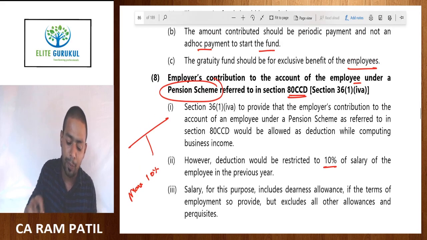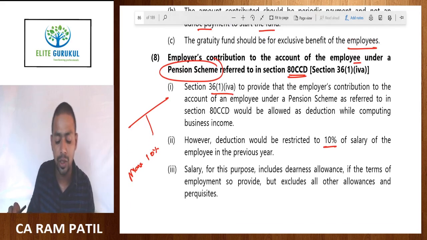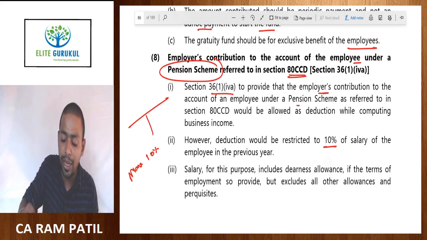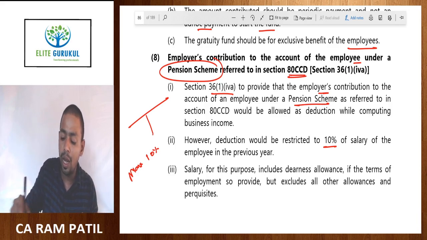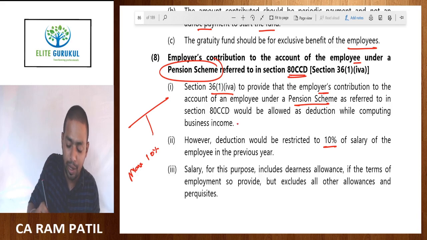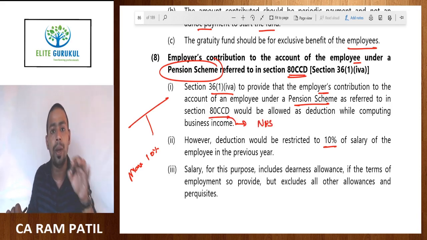So look at this particular provision. Section 36 subsection 1 clause 4A provides that employer's contribution to the account of employee under the pension scheme as referred to in section 80 CCD would be allowed as a deduction while computing business income. Now please understand which scheme is there in 80 CCD. 80 CCD has a pension scheme called NPS. NPS stands for New Pension Scheme.